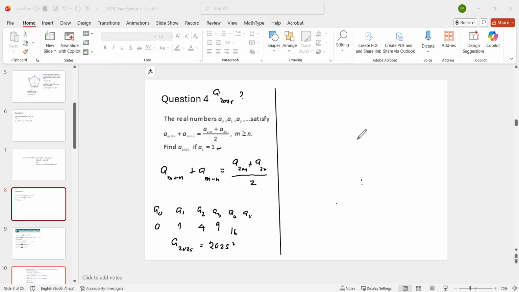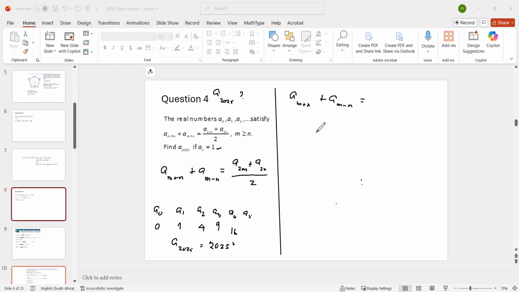Okay, now you see, I know that a_2m is now, oh yes, so this becomes a_(m+n) plus a_(m-n) equals, remember we said that this is 4a_m and this is 4a_n.